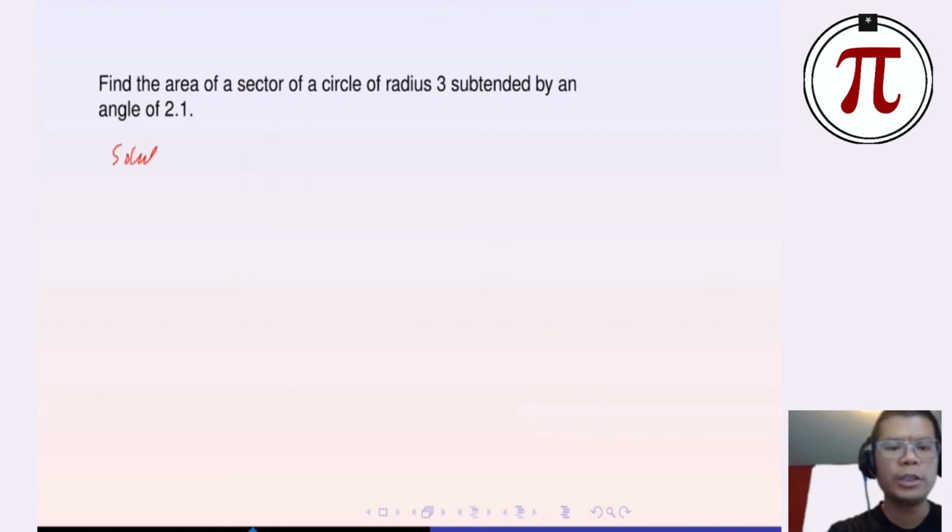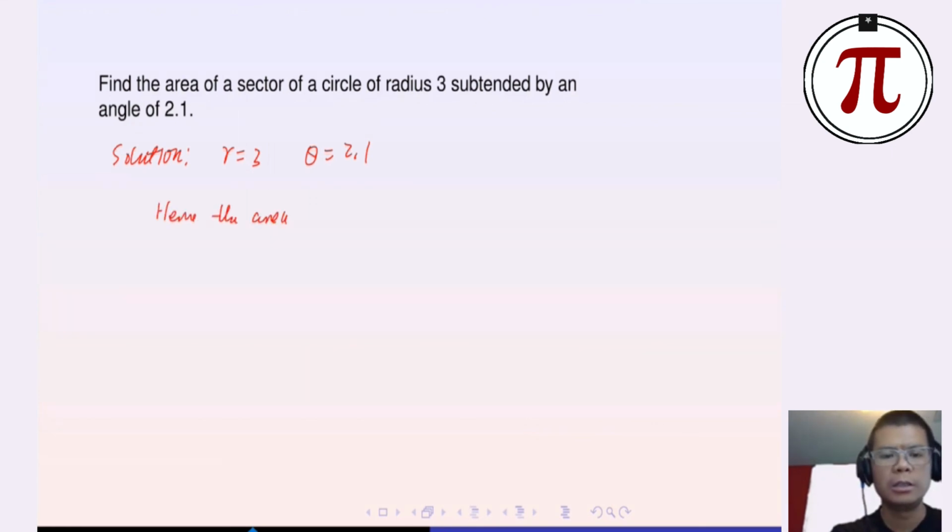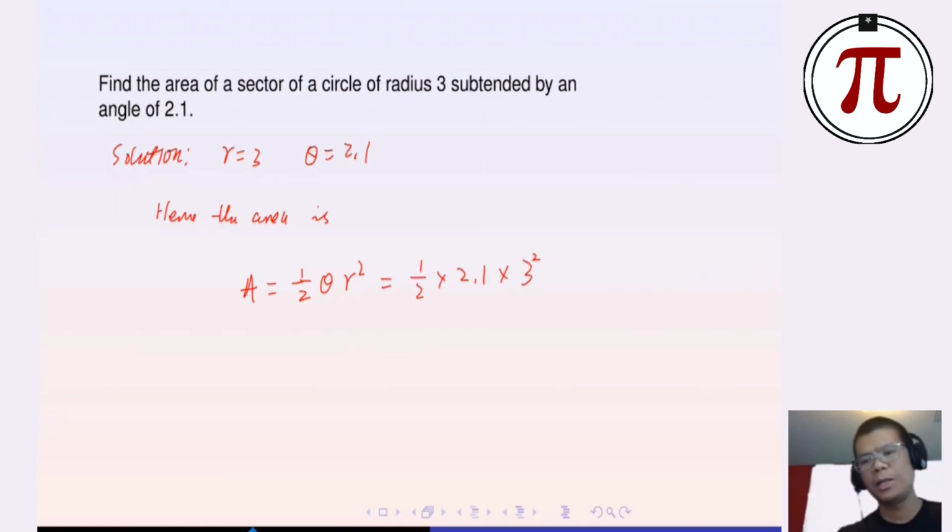So solution here: r equals 3, theta equals 2.1. Now, since there is no unit, this is already measured in radians. Hence, the area is A equals 1/2 times theta times r squared, which is 1/2 times 2.1 times 3 squared.